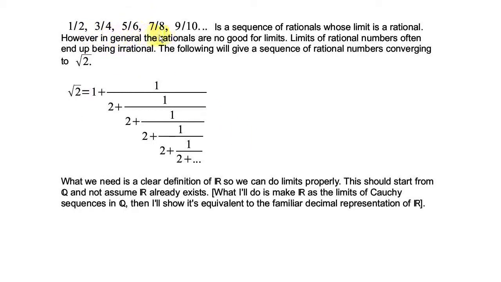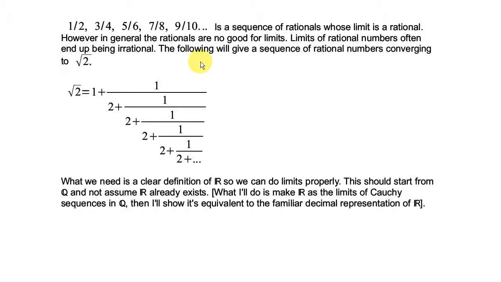Here we've got a sequence of rational numbers whose limit is also a rational number. It's 1 or 1 over 1 if you prefer. Now, in general, that doesn't happen. You can't confine yourself to working just in Q, the rationals.